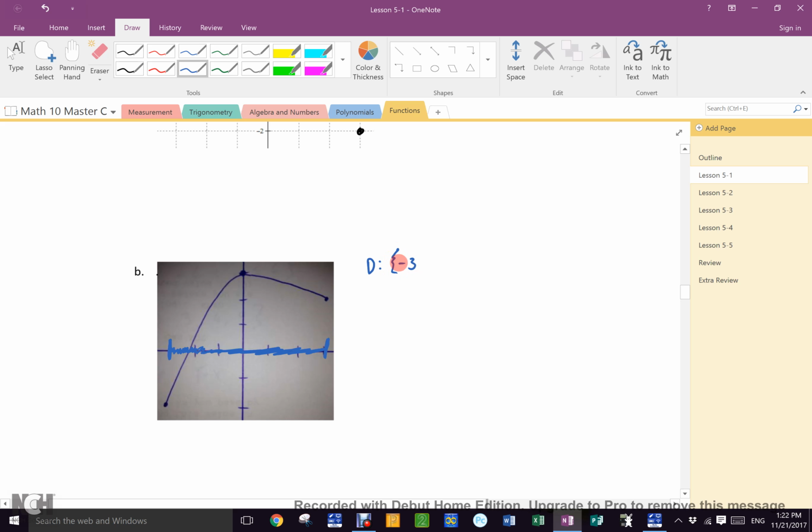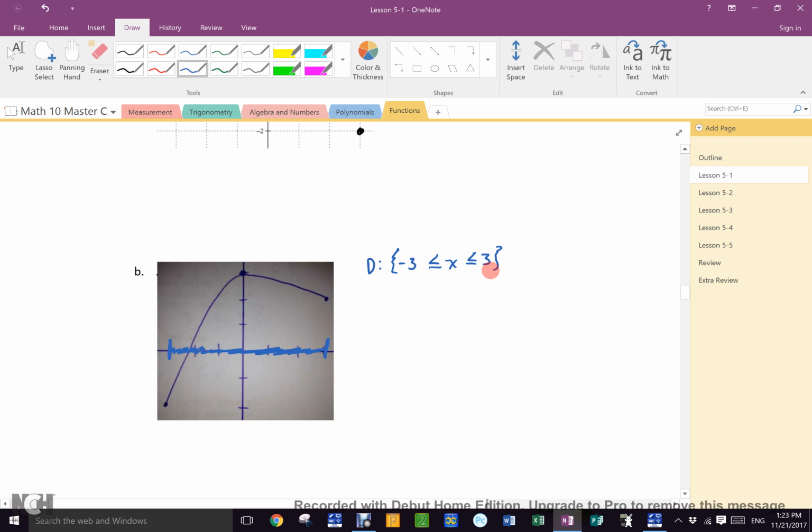Squiggly brackets, of course. All my x values, are they bigger or smaller than -3? Bigger. So -3 is less than or equal to all my x values, yes? But my x values have to be less than or equal to what? +3. Squiggly brackets. Is everybody cool?